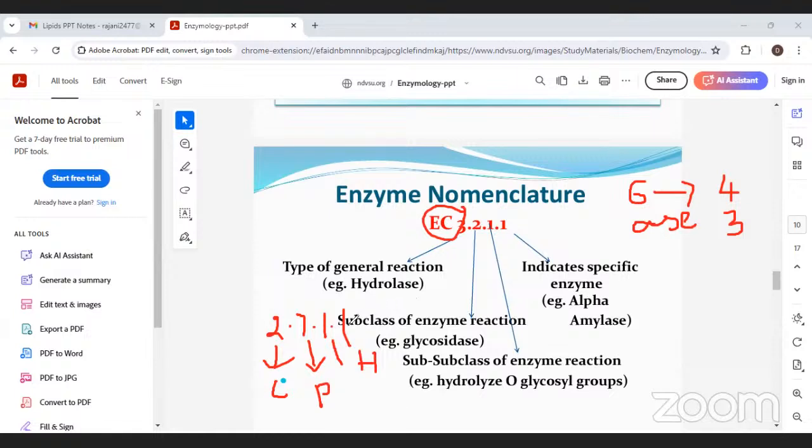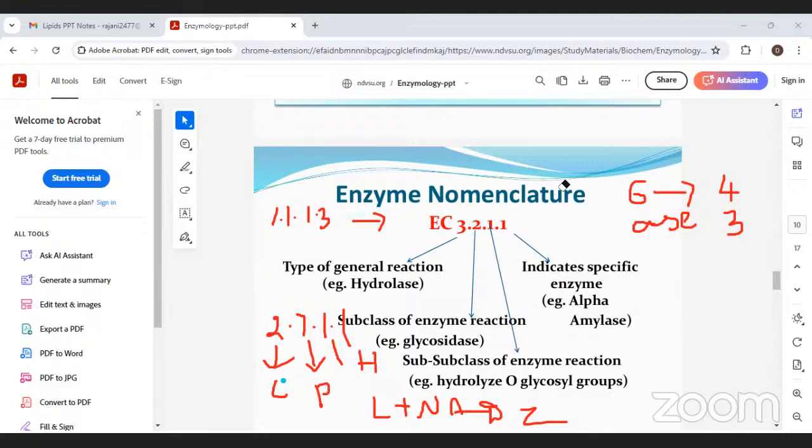If the nature of the reaction is to be further clarified, additional information may follow in parentheses. The malic enzyme, which oxidizes L-malate to pyruvate in the reaction L-malate plus NAD+ gives pyruvate plus CO2 plus NADH plus H+, is thus also known as 1.1.1.38, L-malate:NAD+ oxidoreductase (decarboxylating).